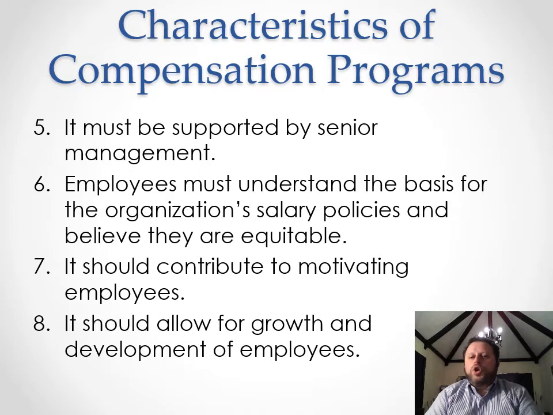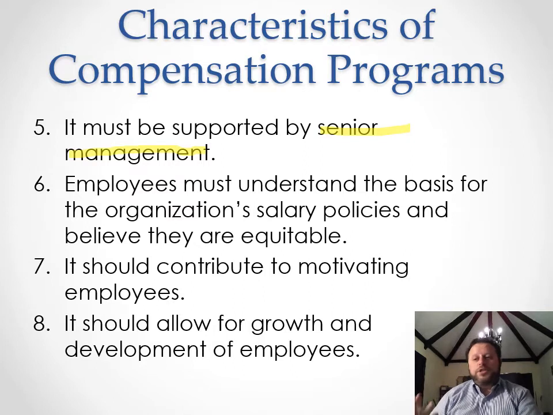Next ones. The compensation program must be approved. You can't have a program, when I say you, I mean HR, right? This is HR class. So in HR, we can't design a compensation program that the senior management doesn't approve of.